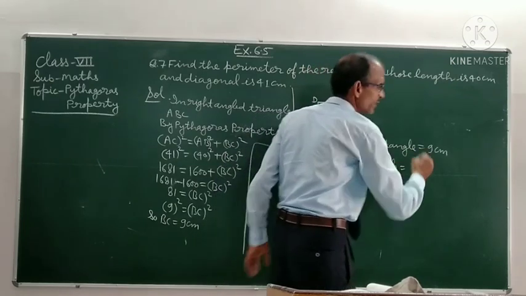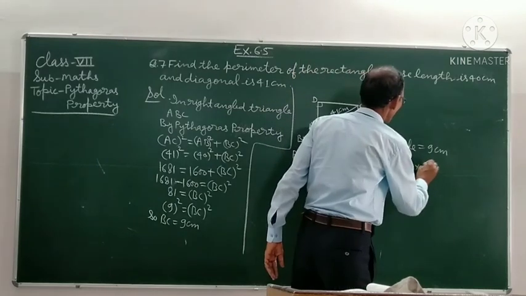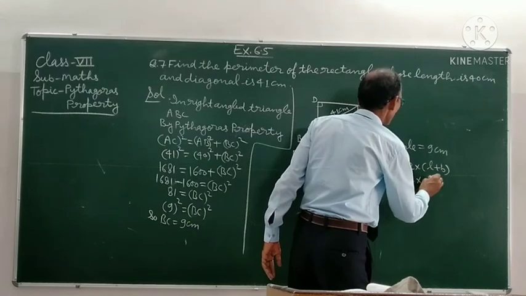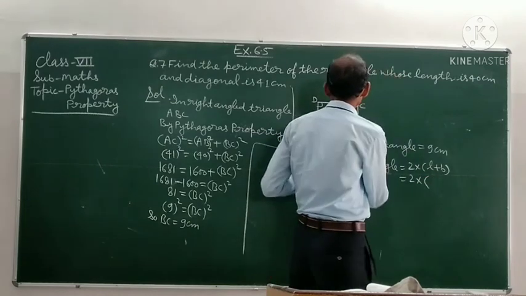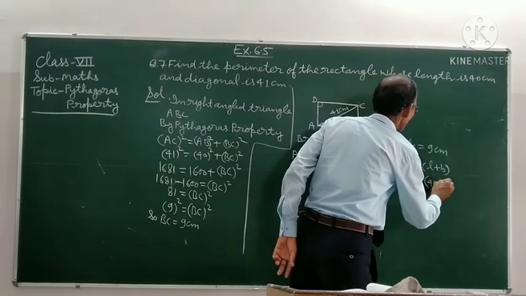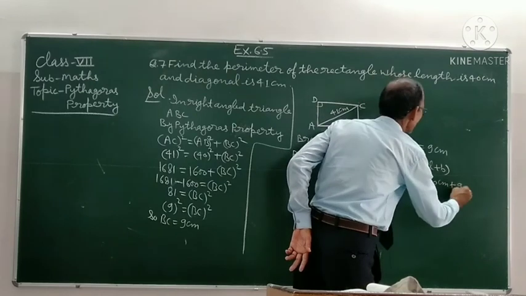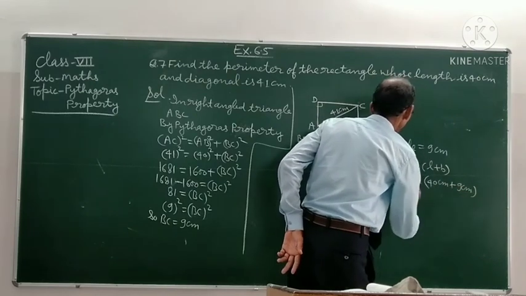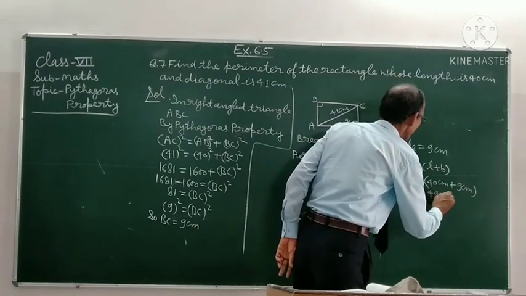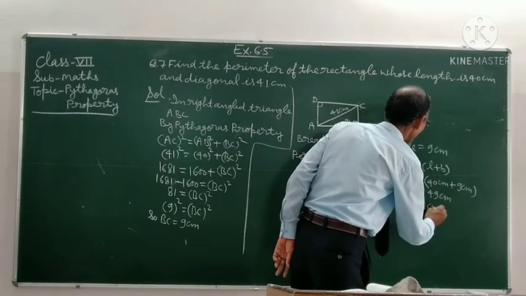We know that perimeter of rectangle is equal to 2 into length plus breadth. 2 into length plus breadth is equal to 2 into length, 40 centimeter, plus breadth, 9 centimeter. 2 into 49 centimeter is equal to 98 centimeter.